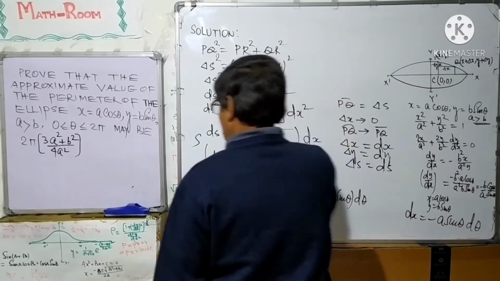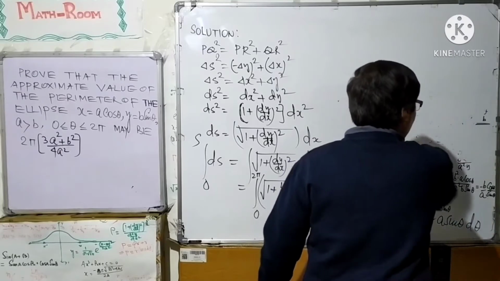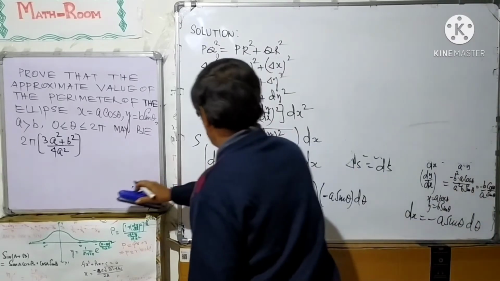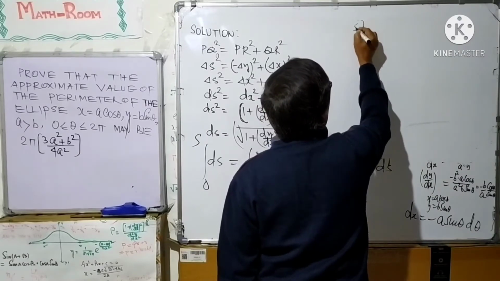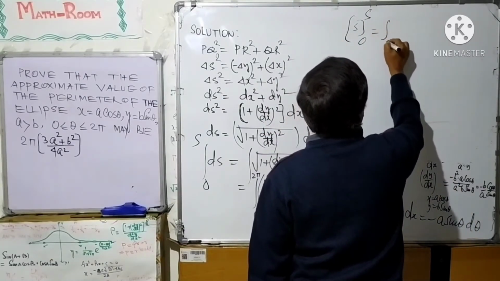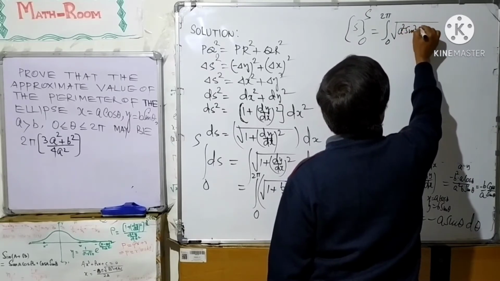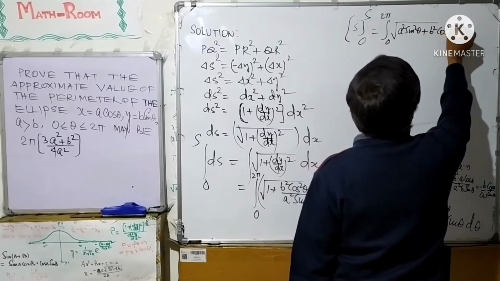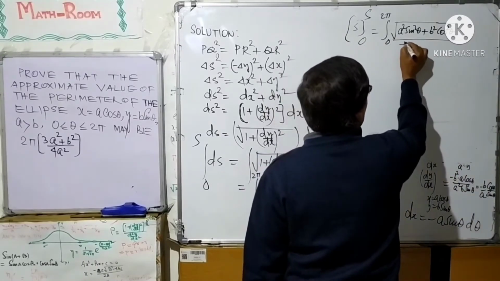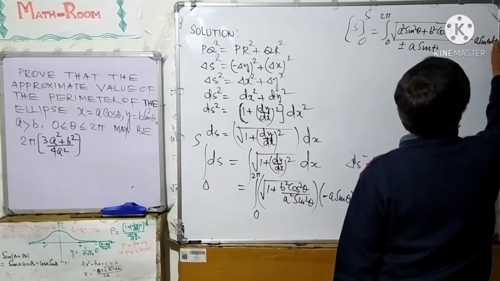Now this is S, with lower limit 0 and upper limit capital S, equal to the integration from 0 to 2 pi of root over of a square sin square theta, b square cos square theta, over root over of a square sin square theta, into minus a sin theta, and here also minus a sin theta d theta.